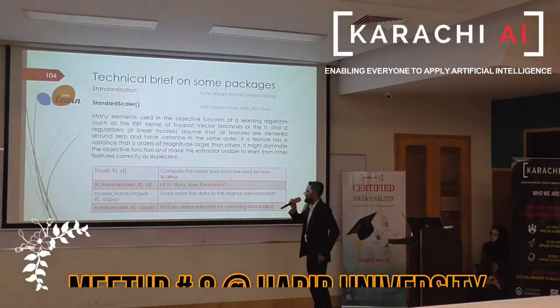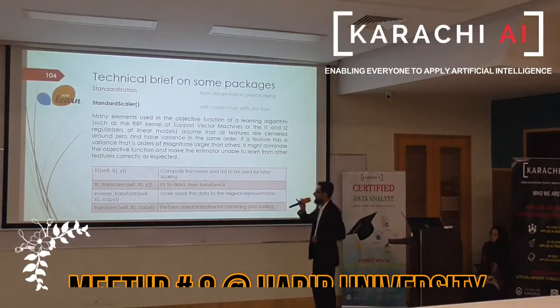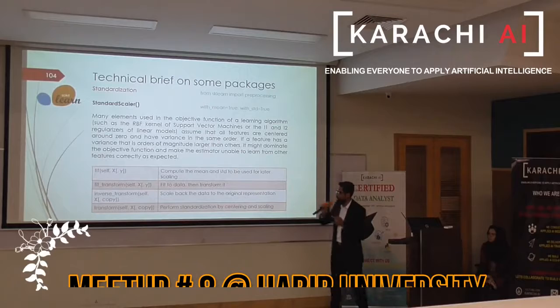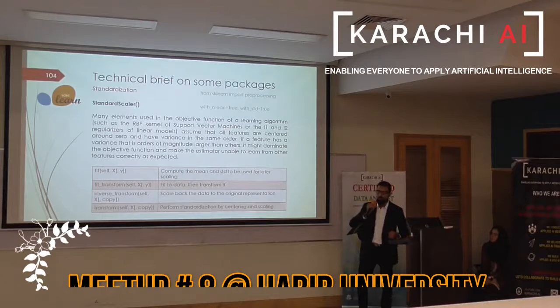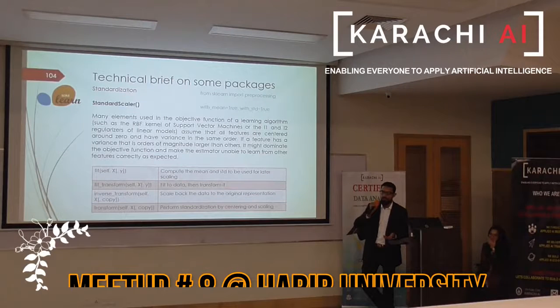If you want to train the model, you do so using fit. And in fit, as we know, when we apply a Z-transform, it computes the mean and the standard deviation. So when you do fit, it calculates the mean and standard deviation from the data. And when you apply transform, it applies that specific Z-transform on the data you want to be transformed using the standard scaler.